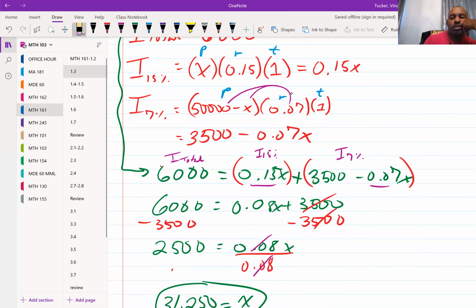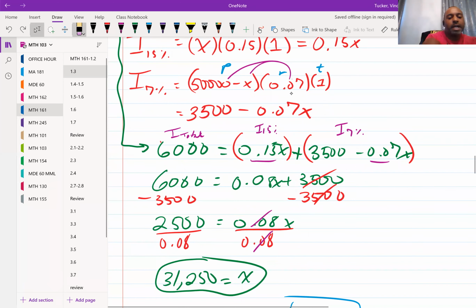And that will give us 2,500 equal to 0.08x. And then divide by the 0.08. And that gives us 31,250 for x.